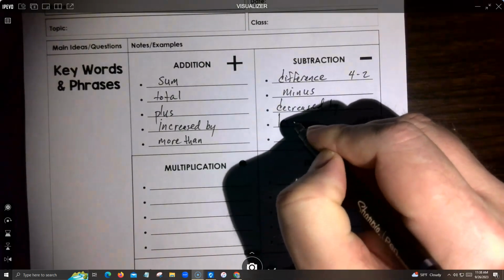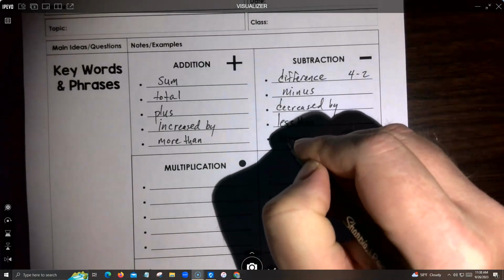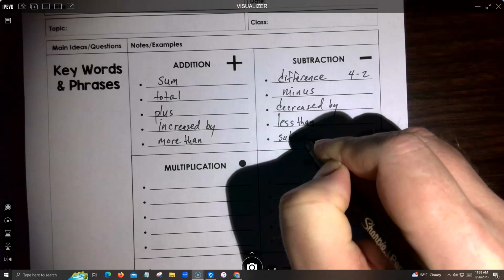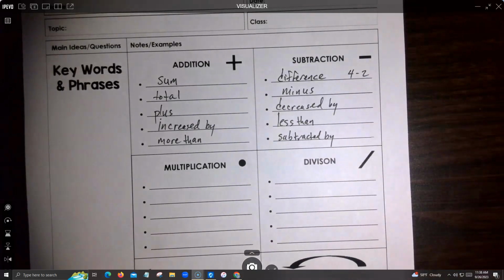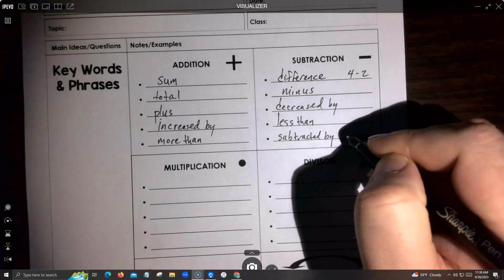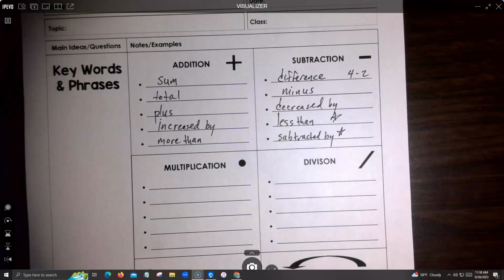Now, less than and subtracted from are two toughies because the way you say them and the way you write them are swapped. If I say 2 less than 4, that means I started off with 4, and I have 2 less than that.